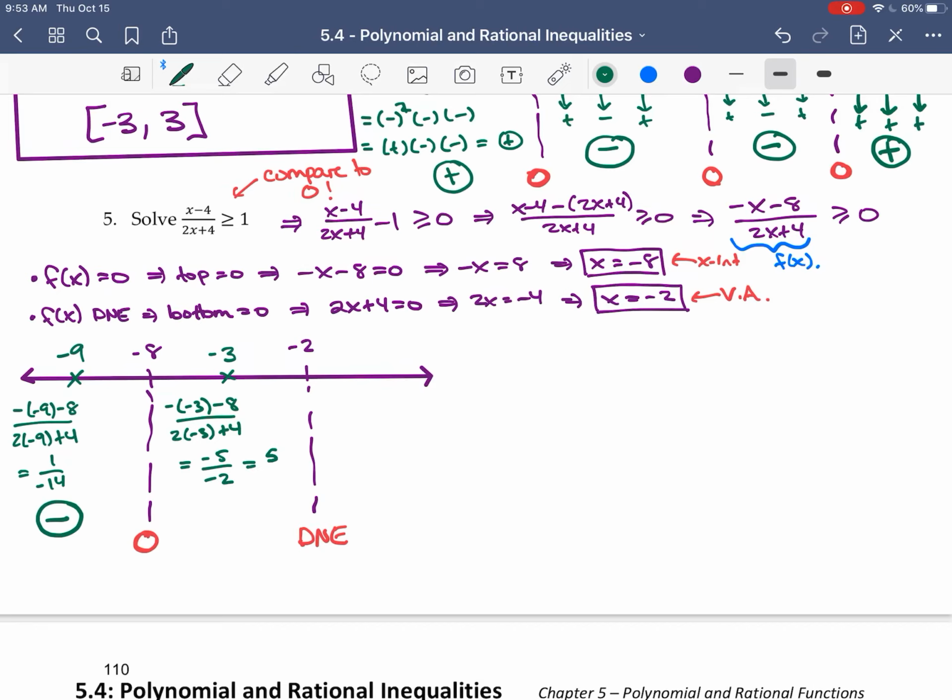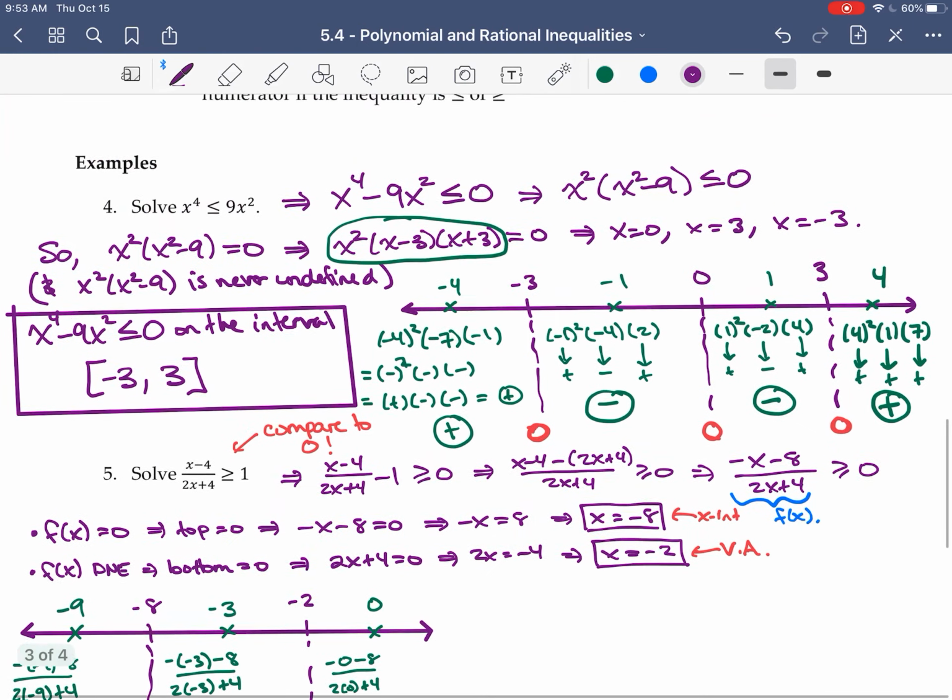So that's going to be 5 over 2, which is a positive number. Something bigger than -2, 0 would probably be good. So that's 0 minus 8 over 2 times 0 plus 4. So I get -8 over 4, so that's -2. So negative. So it's negative in that interval.